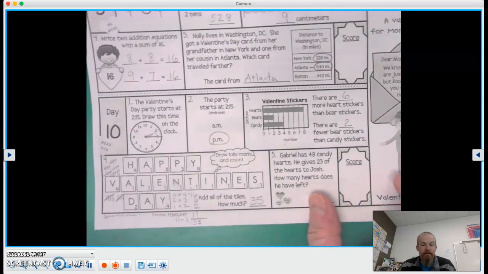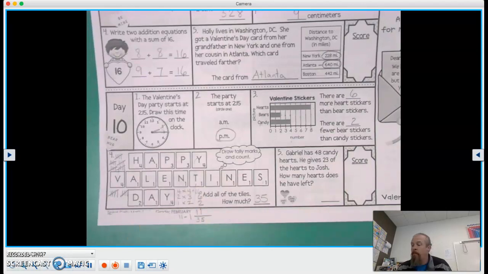So we could go tally marks there as well. We get the same number.